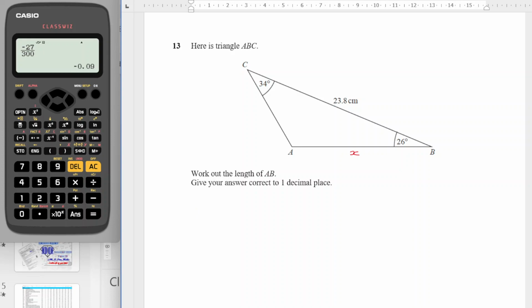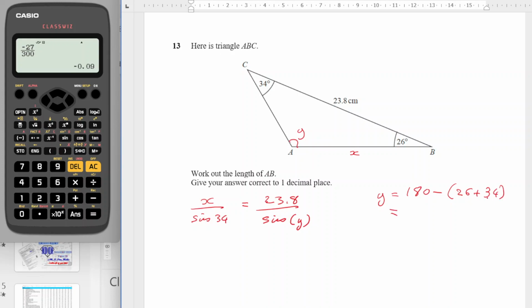I'm trying to find a length, so I'm going to say that X over sine of the opposite angle, sine 34, is going to be equal to 23.8 divided by sine of the opposite angle, but we haven't got that yet, so I'll call that y for now. And then y is going to be equal to 180 minus 26 plus 34.